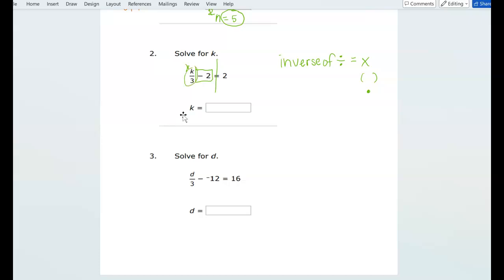And we want to move the number in the box. Inverse of subtraction is addition.